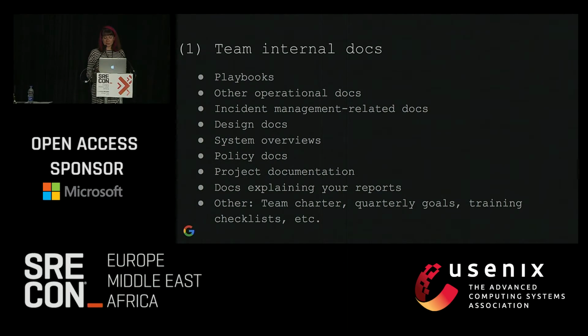So for example, this might be a template to coordinate and maintain state during an incident, or postmortems or retrospectives. You'll need design docs, system overviews, policy docs, project documentation, docs explaining your reporting, and then you'll probably have a bunch of other team internal docs like a team charter, quarterly goals, training checklists, and so on.